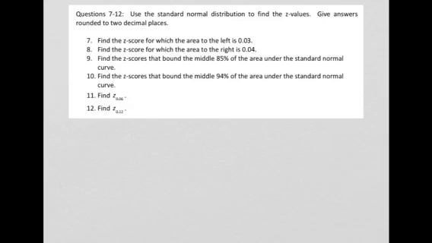In this problem, we want to find the z-scores, so 2 scores, that bound the middle 85% of the area under the standard normal curve. So here's my distribution. We want 85% to be in the middle.